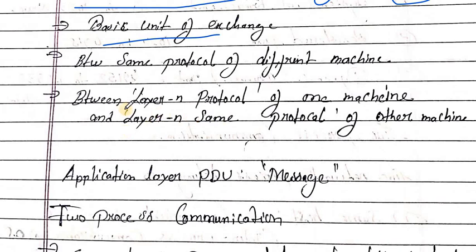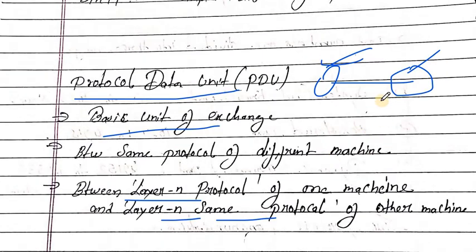Between layer n protocol of one machine and layer n protocol of the other machine, the application layer processes communicate with each other by using the protocols and exchanging their data.